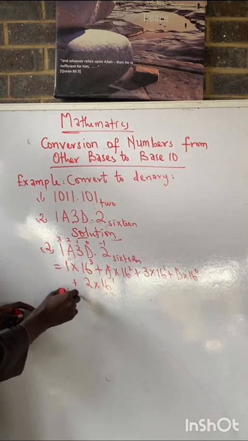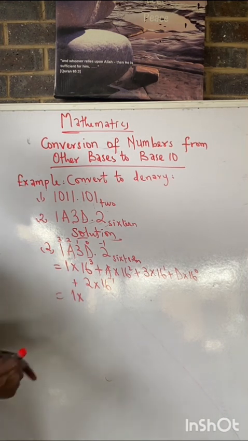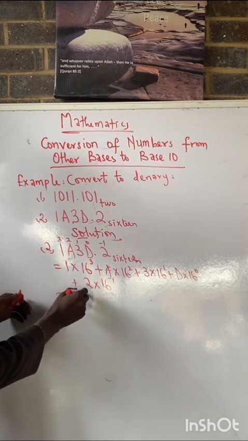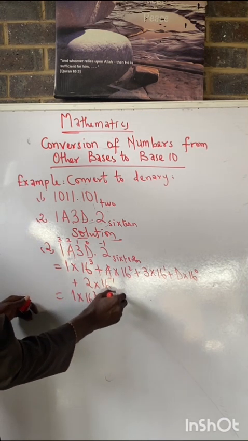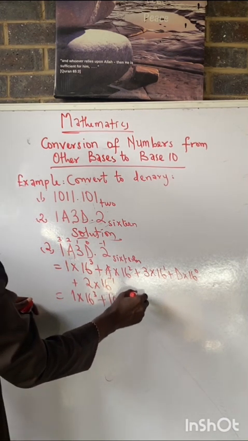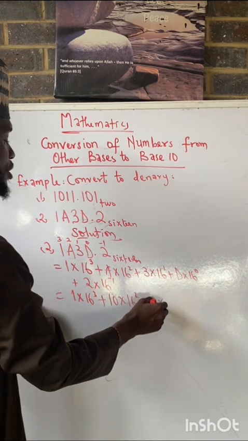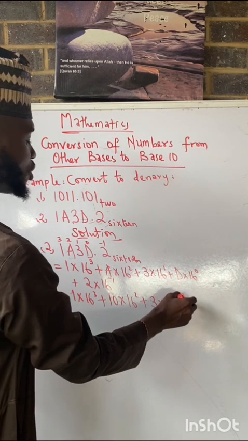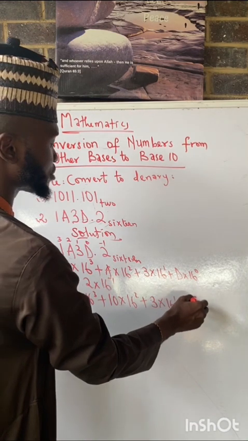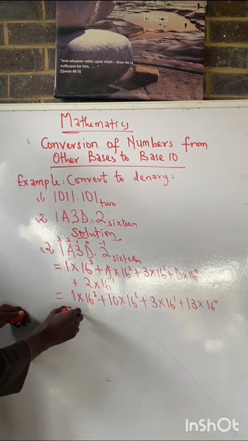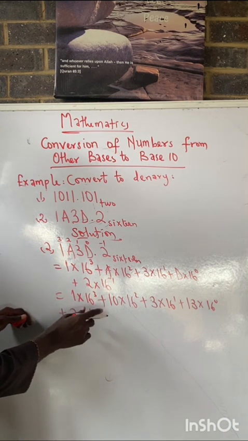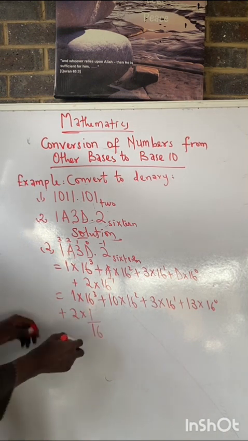So we have 1 times 16 to the power of 3. A is 10, so 10 times 16 to the power of 2, plus 3 times 16 to the power of 1, plus D is 13, 13 times 16 to the power of 0, plus 2 times 16 to the power of negative 1, that's 1 over 16.